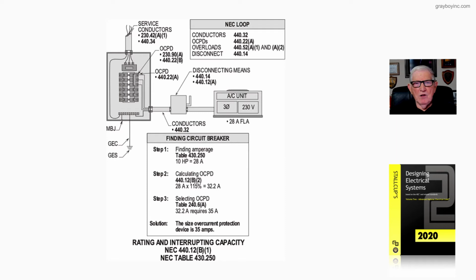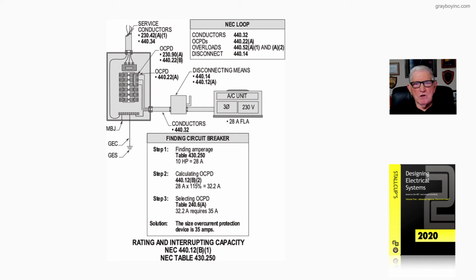But now notice the full load current of this compressor, and we're just giving it is 28 amp. Now we want to know, that's everything now. That's the compressor, the condenser motor, and all.